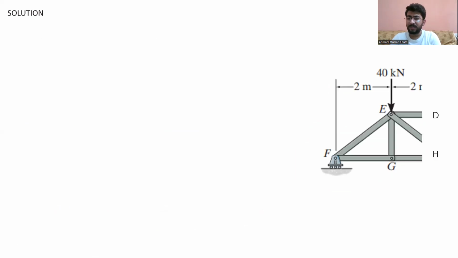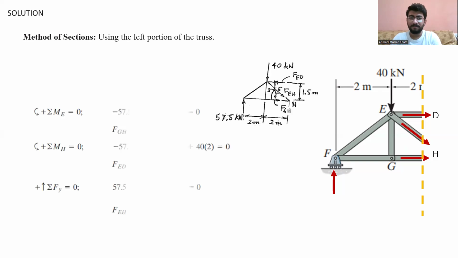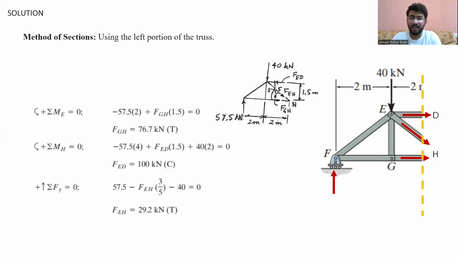So in order to find the forces in these three members, we can split the left side of the truss. According to the free body diagram, we can apply moment at point E. So we get the 57.5 kilonewton force with a perpendicular distance of 2 meters, and this force is moving in clockwise direction.